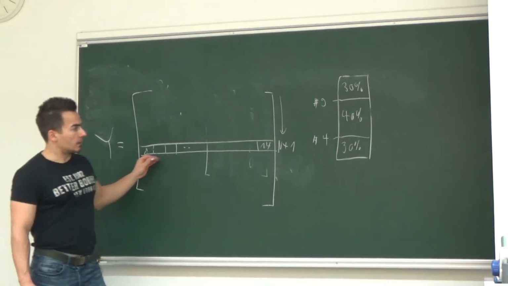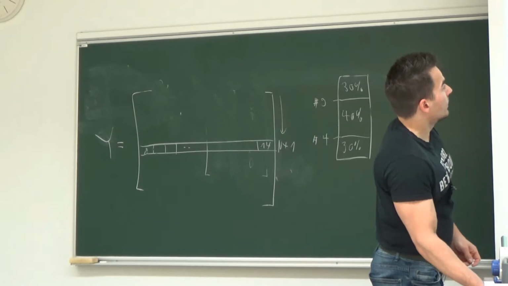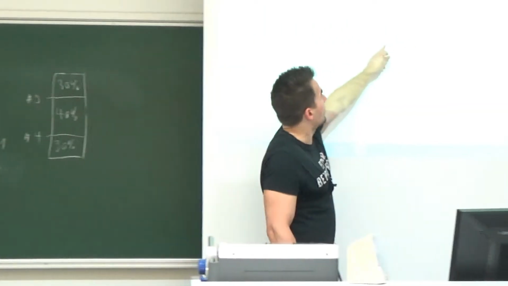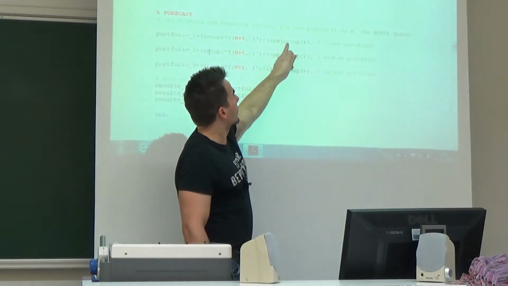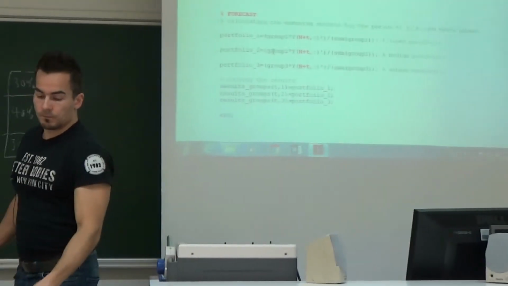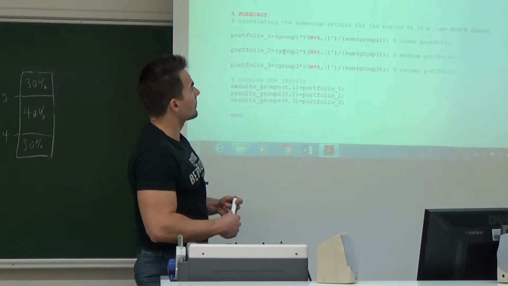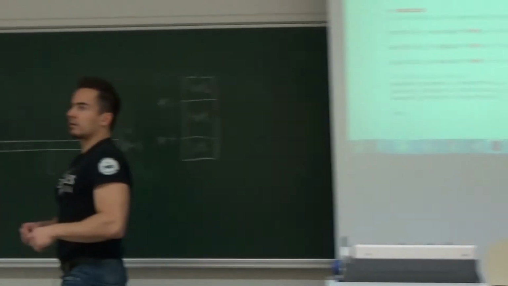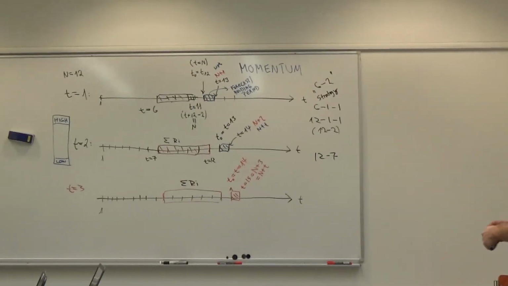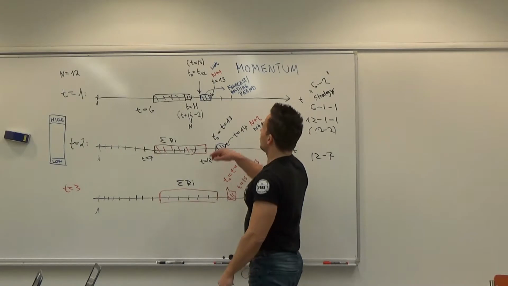Yeah. So we sum these guys up, and then we divide it by the sum of group 1. And this gives us the number of stocks in our group. And in our timeline, this is exactly what we want to have. In the first iteration, capital N is 12.